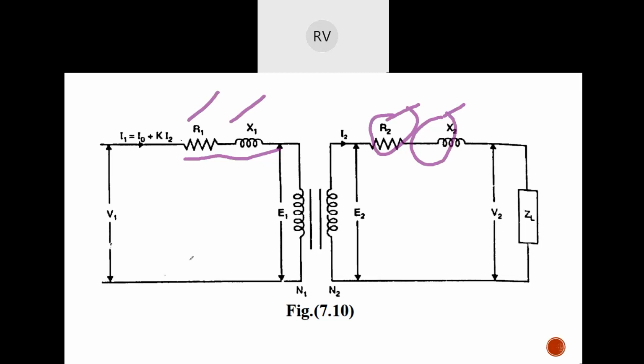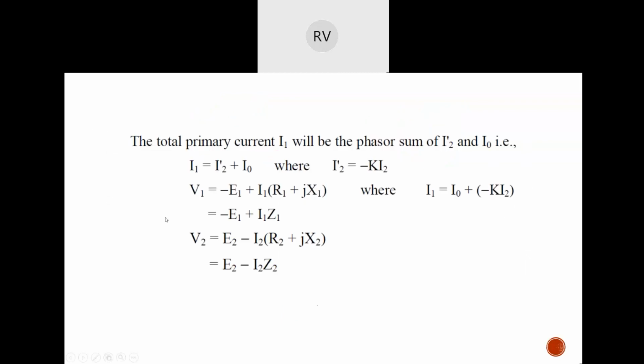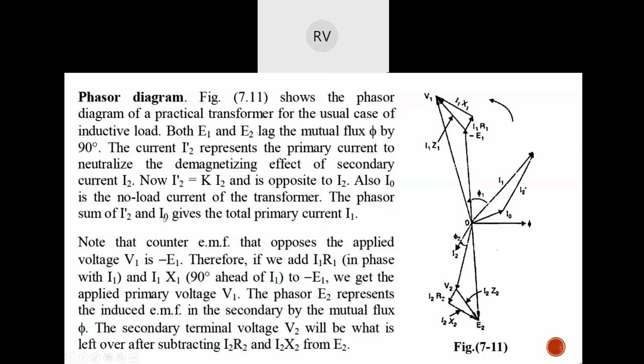Because of these losses E1 will be less than V1, and in the same way V2 will be less than E2. Okay. Now let's see the phasor diagram for this particular case. Here you can see that the basic diagram didn't change, that is, the basic values didn't change.